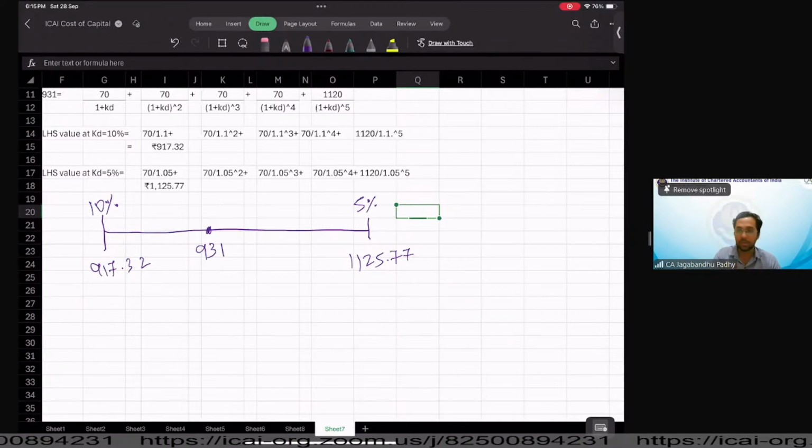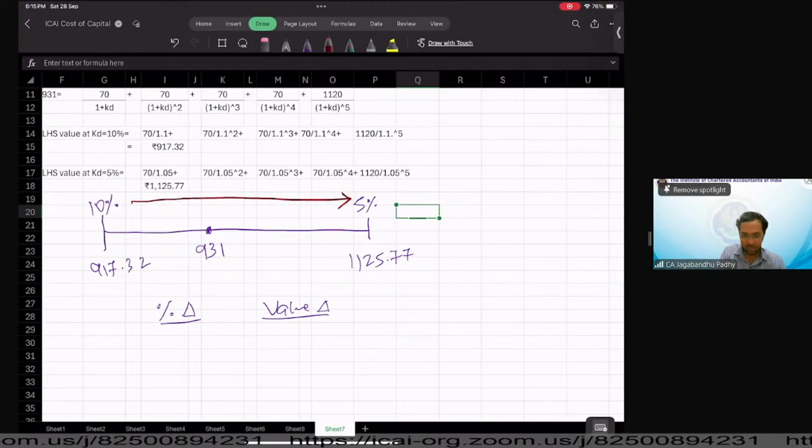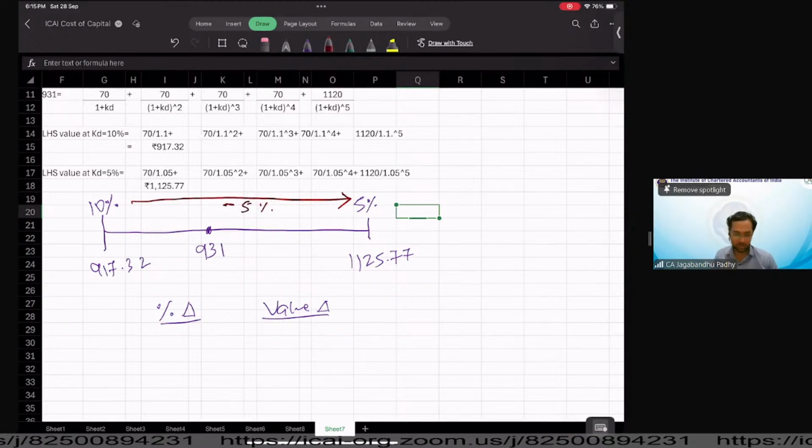Right? Somewhere over here, we have this as 931. So we'll see what is the change in percentage and what is the change in the value. By what percent has the rate of interest changed? Can I say it has reduced by 5%?